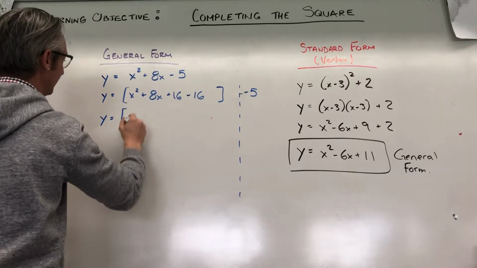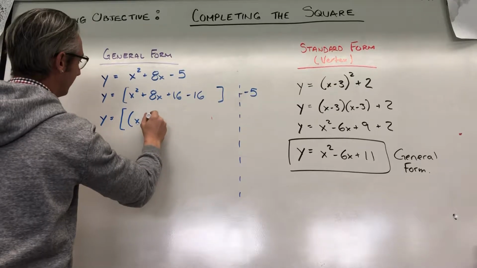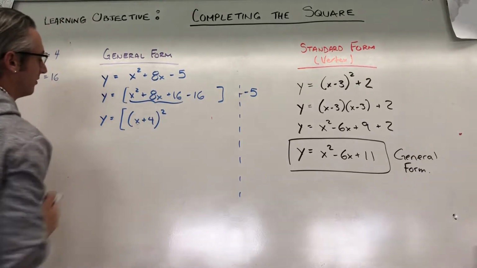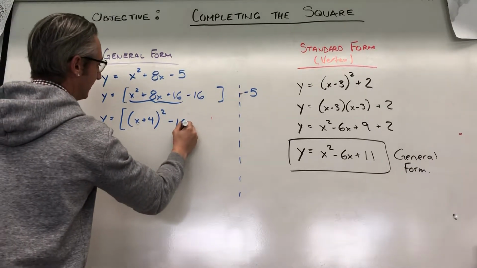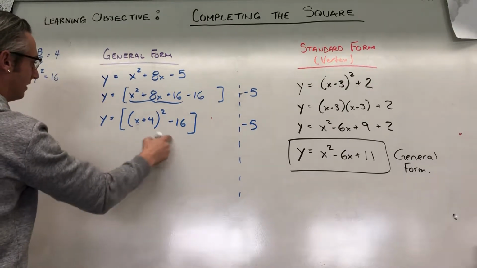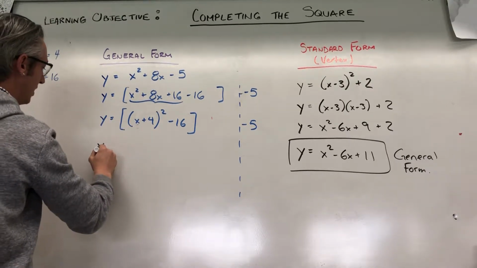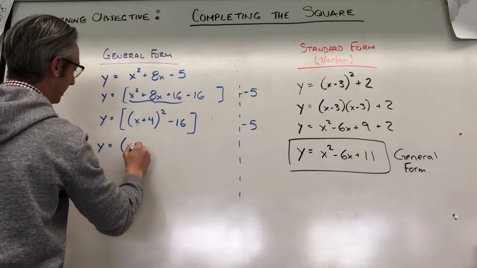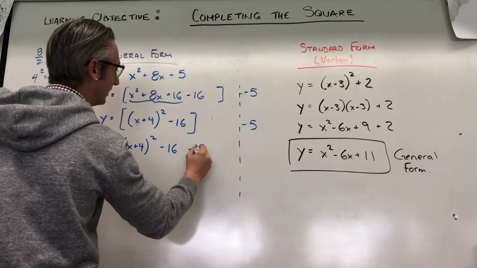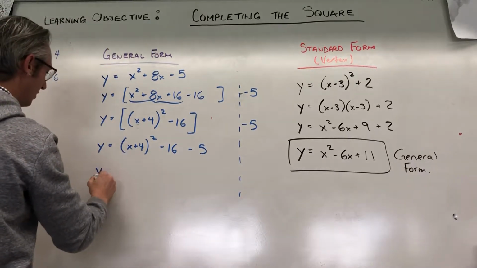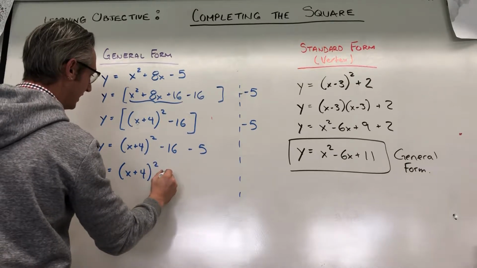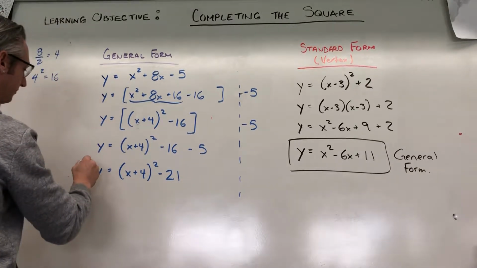And then I say, okay, this is the same as x plus 4 squared, if I turn this part into its factored form, and then I have the negative 16 left over, minus 5. Okay? And then there's nothing to multiply into here, so I get y is equal to x plus 4 squared minus 16 minus 5. y is equal to x plus 4 squared minus 21.